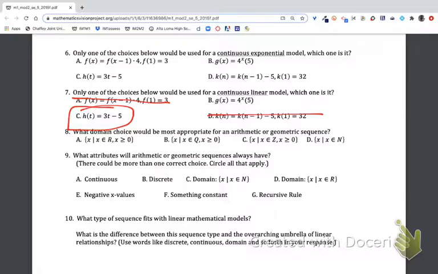And the big thing to focus on here is always. What will they always have? We know that they're not always going to be continuous. They're not always going to be discrete. Sometimes they'll be one or the other. We know that they may not always have the domain of the natural numbers or the real numbers.